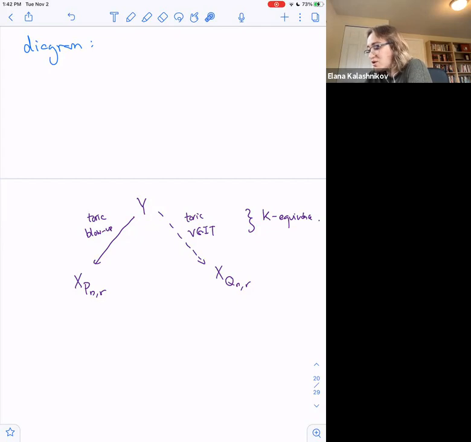But you're not changing too much, because you know that even as you vary the stability condition, the polytope given by the convex hull of the rays is going to stay the same when you do that. And that's what it means to be a K equivalence in this context.